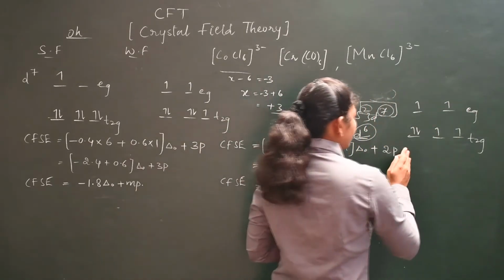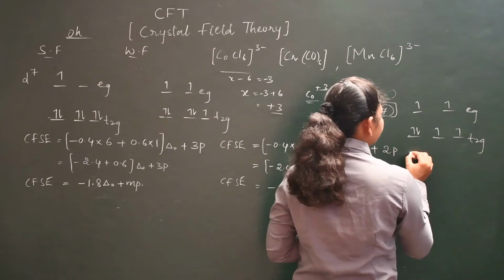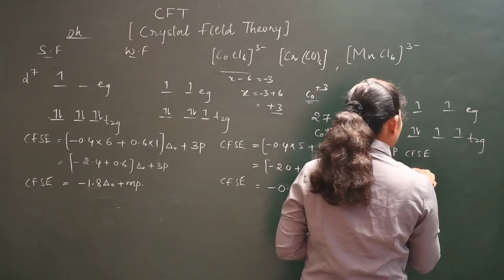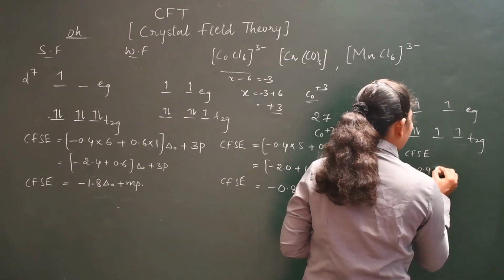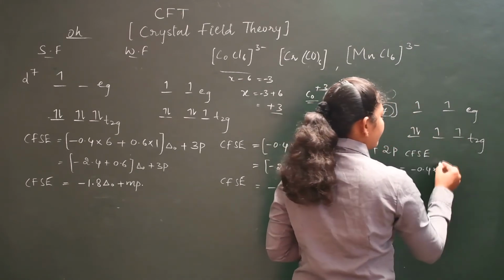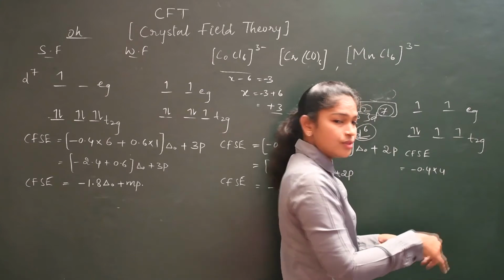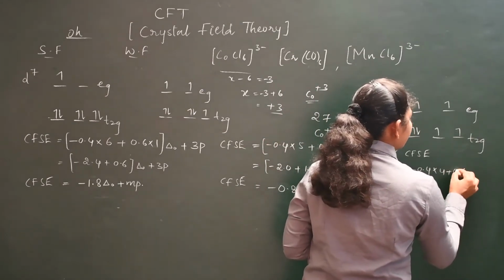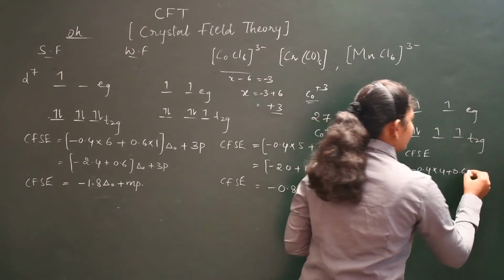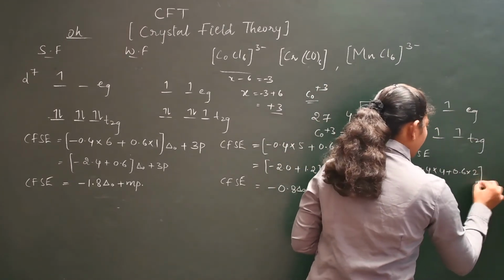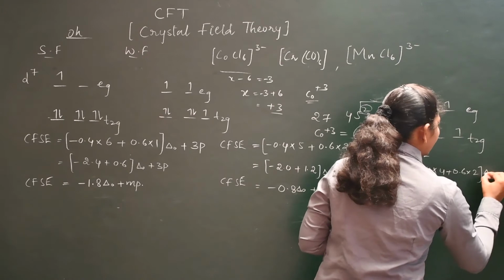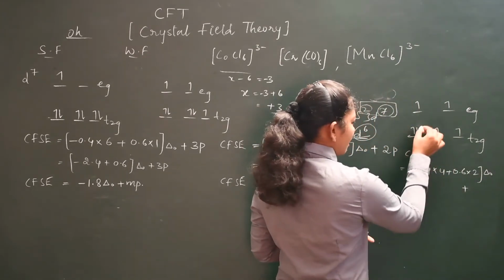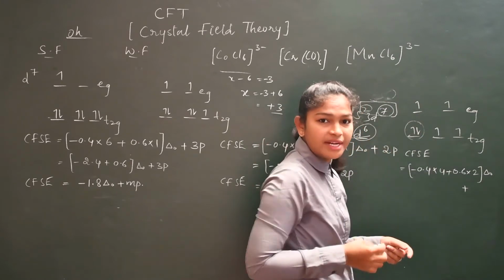Okay. So now calculate CFSE. CFSE is equal to minus 0.4 into how many electrons are there? 4 electrons are there in t2g. Then plus 0.6 into how many electrons are there? 2 electrons, into delta naught, plus mP. mP means how many number of paired electrons are there?